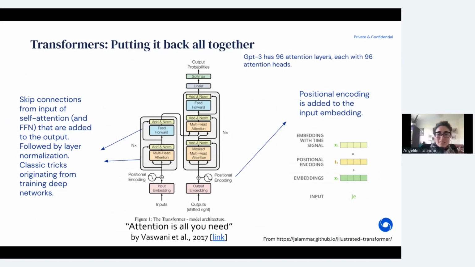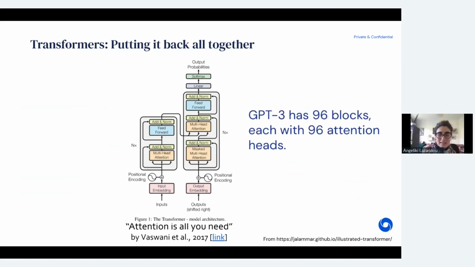To put this in context, GPT-3 has 96 blocks, so 96 repetitions, vertical. And within a block, there are 96 attention heads, so horizontal. And we need to have good ways to train these models.